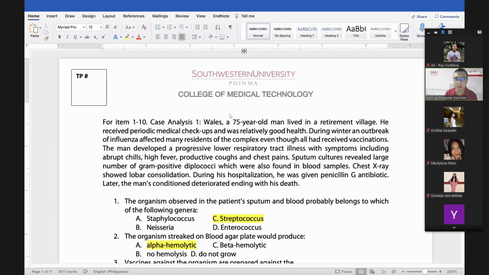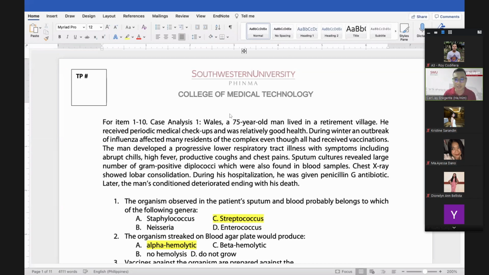The man developed a progressive lower respiratory tract illness with symptoms including abrupt chills, high fever, productive cough, and chest pains. Sputum cultures revealed large number of gram-positive diplococci, which are also found in the blood samples. Therefore, class, the patient is having pneumonia plus bacteremia. Chest X-ray showed lobar consolidations.